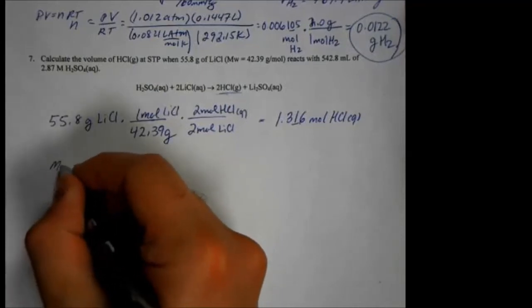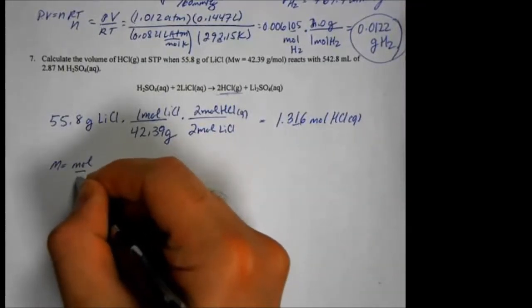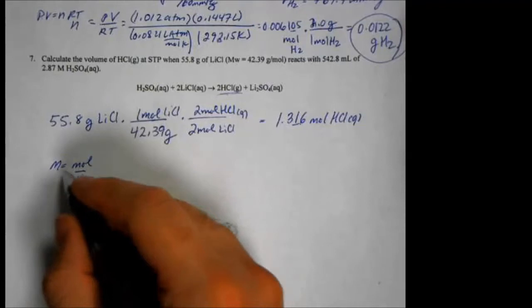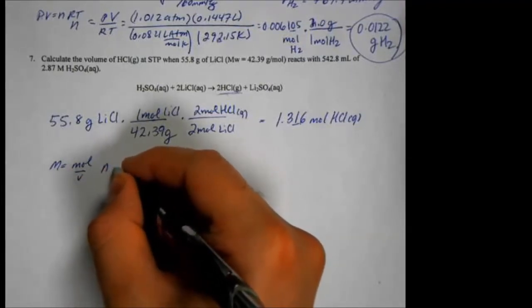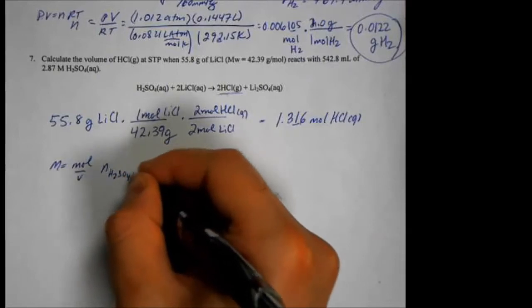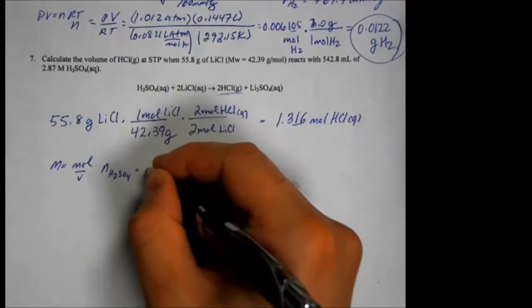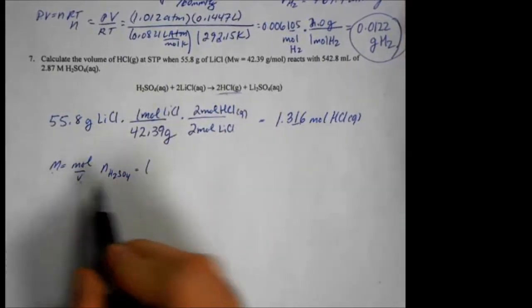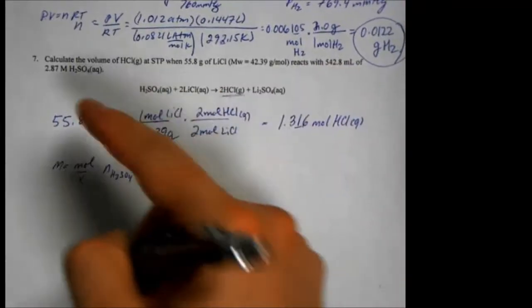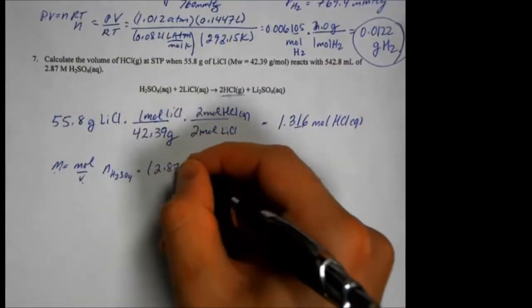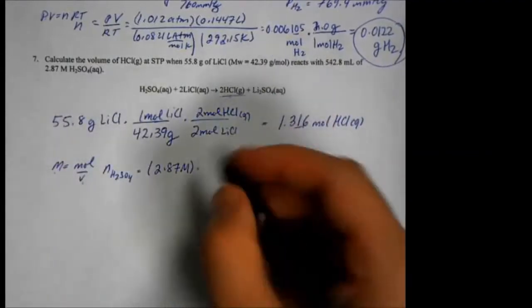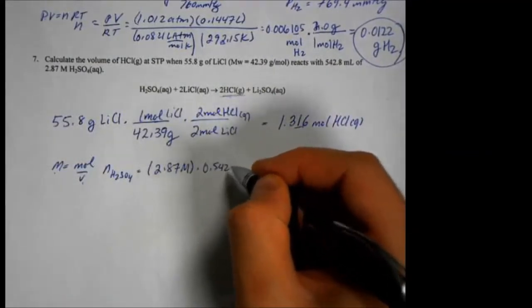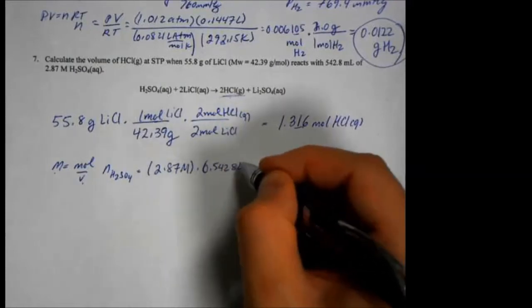We know that molarity is equal to moles over volume. So if we rearrange this, the number of moles of H2SO4 is going to equal the concentration of H2SO4 times its volume. So the concentration in this case is 2.87 molar times the volume, which is going to be 0.5428 liters.